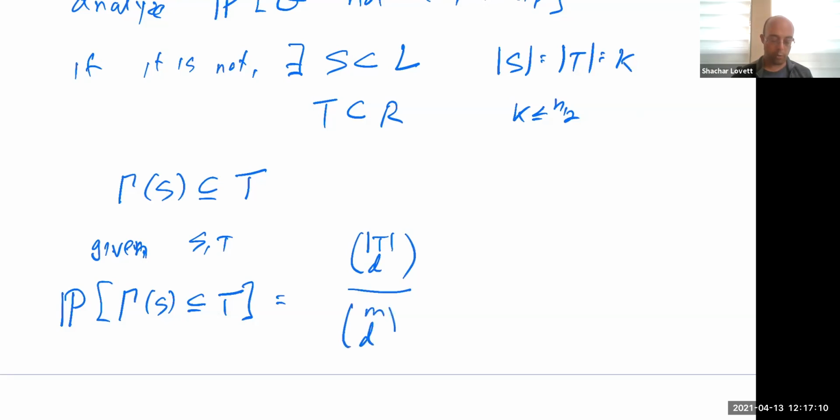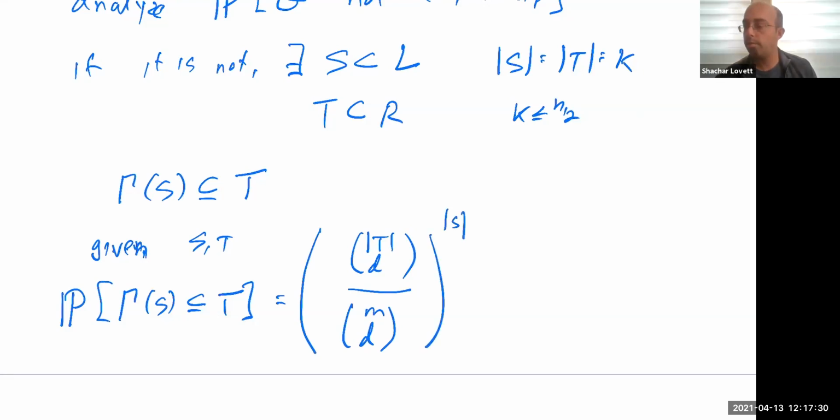That's the number of choices for a specific node in S: out of all the possible choices of d random neighbors, m choose d of them, the fraction of those where all these d neighbors land in T is T choose d. So you have that to the power of the size of S. And then just simple manipulations would give us some bound here. Let me just, where is this?